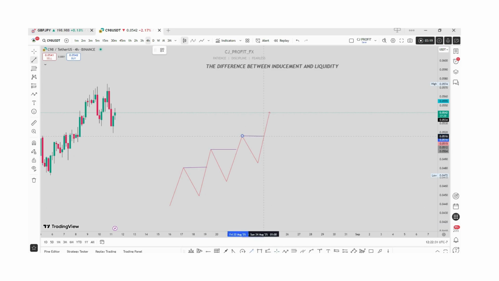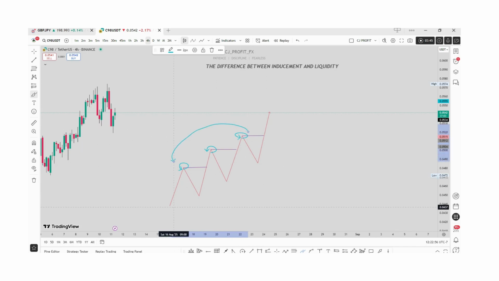Now in a normal sense, we know that when the market breaks structure, it has taken liquidity on that side, which means if the market breaks structure, the previous high that the market took out is an area that contains liquidity. That is, liquidity has been taken out from the high. So the market takes out liquidity and creates liquidity. Do you see it? All these areas I just mapped are liquidity areas.